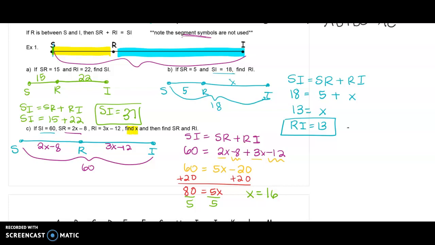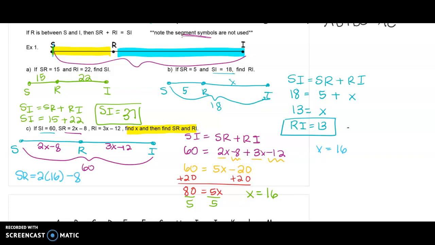Always make sure you look back at what the question wanted. So the question wanted us to find x and then find SR and RI. So we know that x is equal to 16. To find SR, we're going to plug 16 in for x. So SR will be 2 times 16 minus 8.